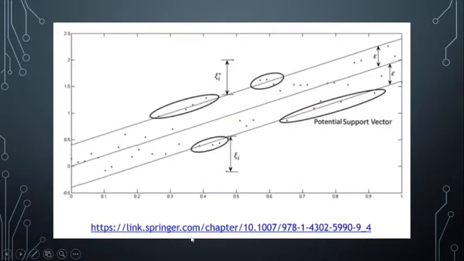Simply, this data set is seen with these margins covering the data. This epsilon has the responsibility of covering the data with the margins, and then it creates some potential support vectors which judge how the data is fit.